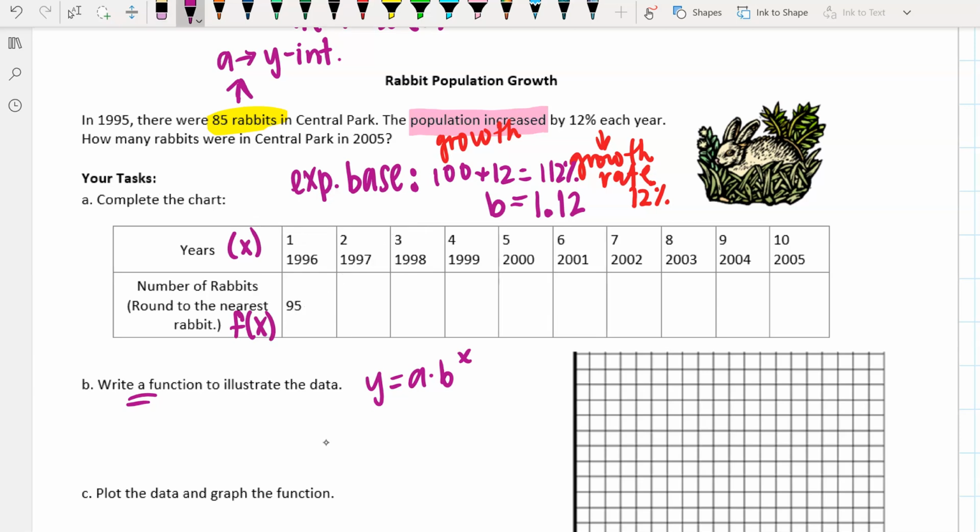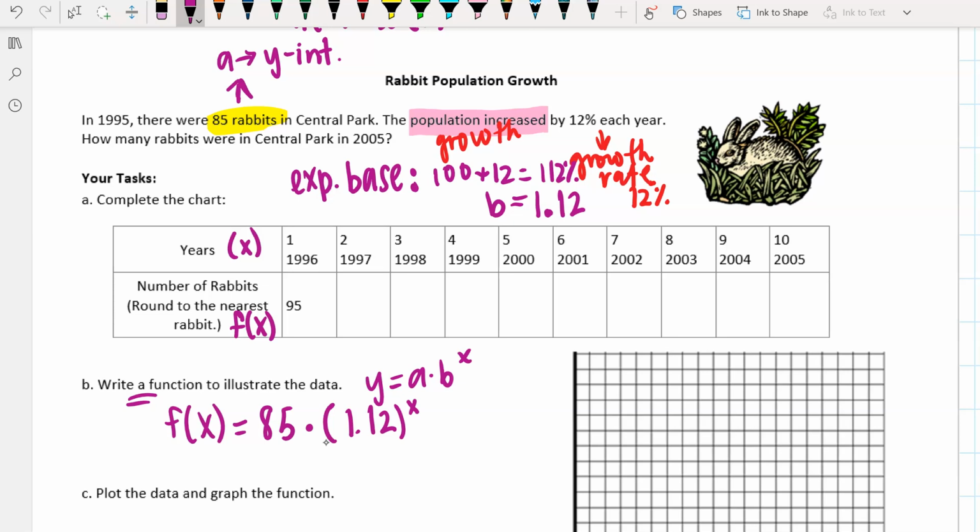So our equation here has our A, which is 85, and our B, which is the growth rate plus 100%, our exponential base, which is 1.12. So now we can use this to help us find the rest of the chart.